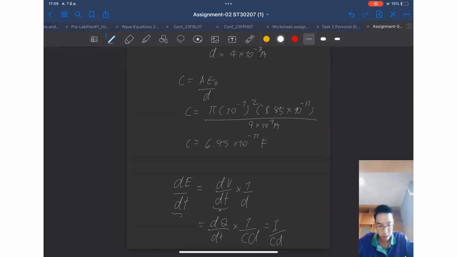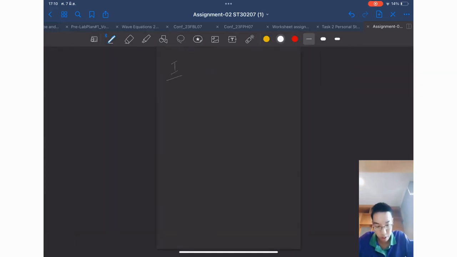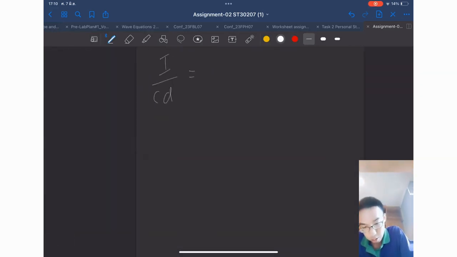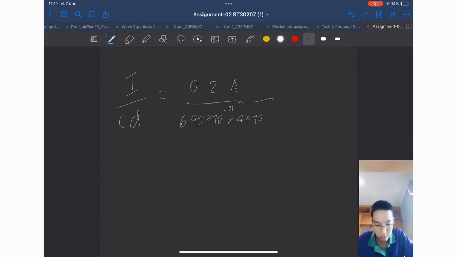So what we have got is this equation to answer part A, and we just substitute what we have known. We get I over C d equal to 0.2 ampere over 6.95 multiplied by 10 to the power minus 11 multiplied by 4 millimeter.